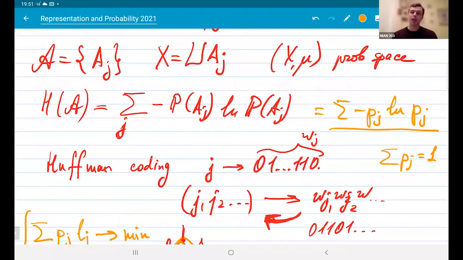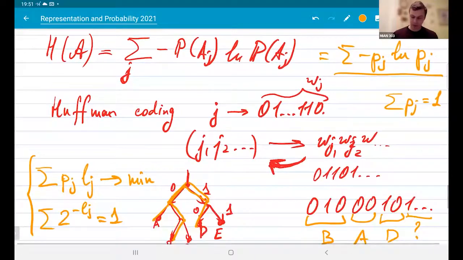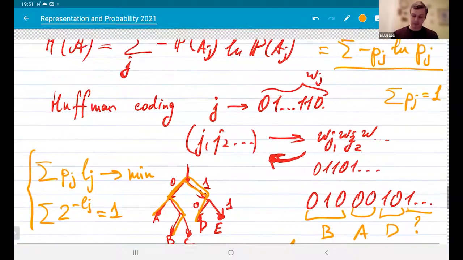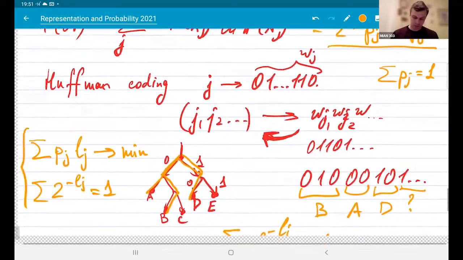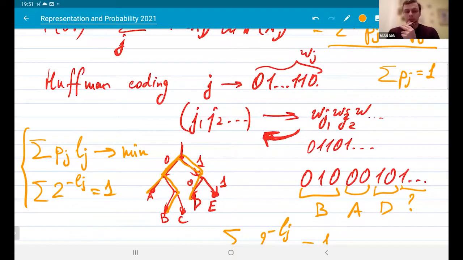So in fact, the property of this maximal entropy is stated somehow.